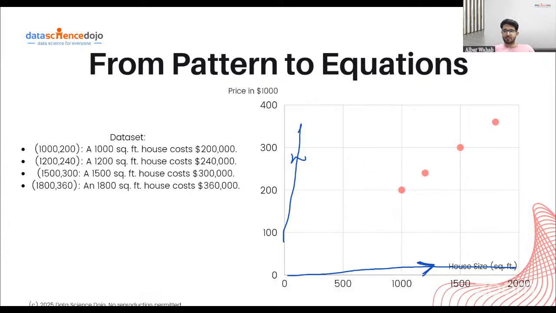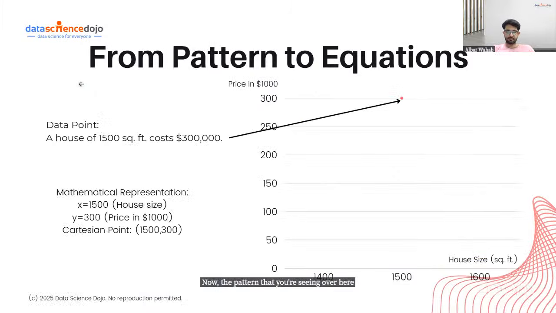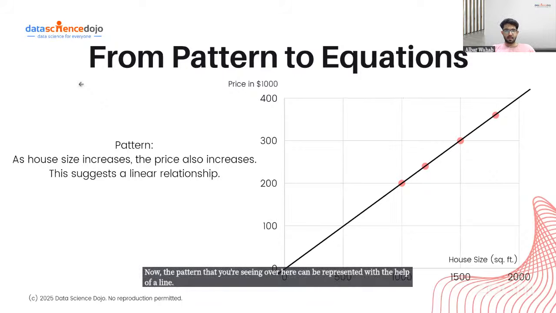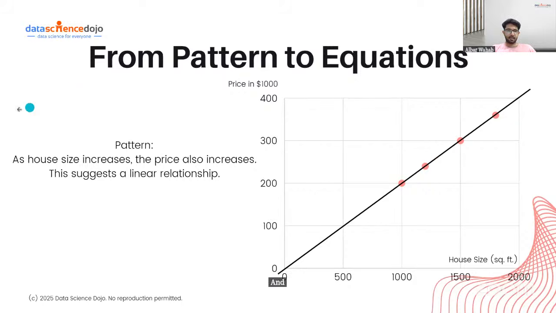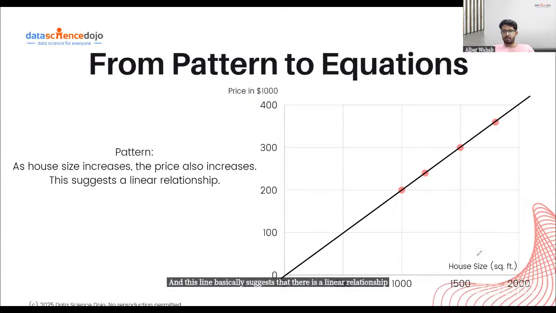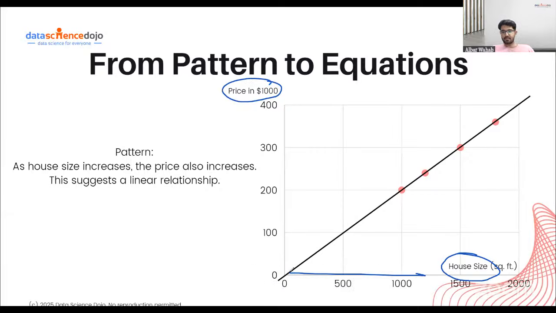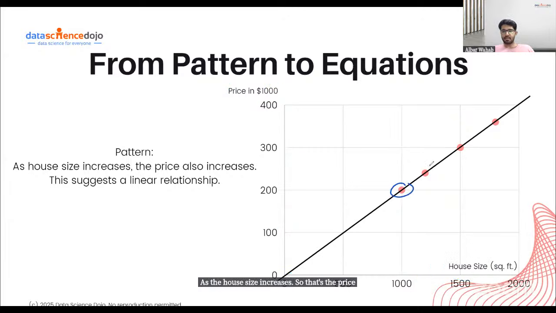Now, the pattern that you're seeing over here can be represented with the help of a line. And this line basically suggests that there is a linear relationship between the size of the house and the price of the house. As the house size increases, so does the price. And we had all these different data points.